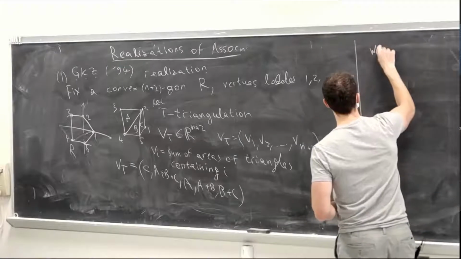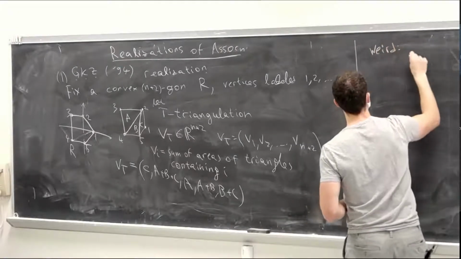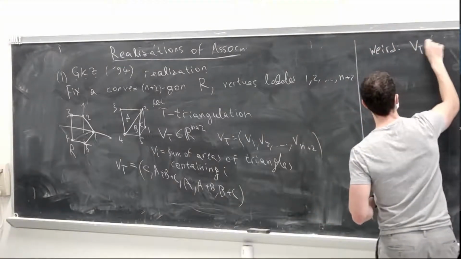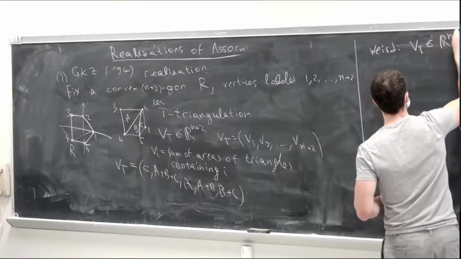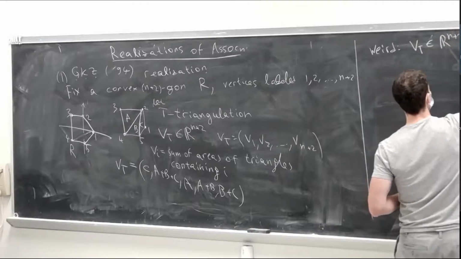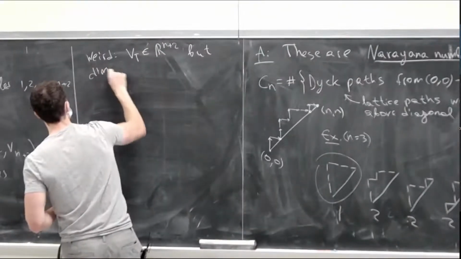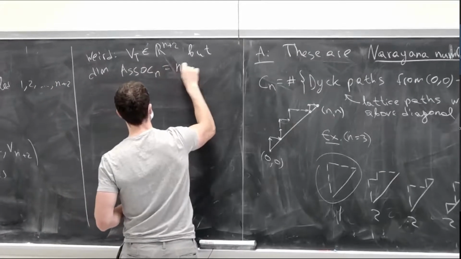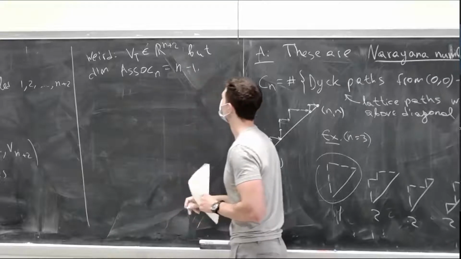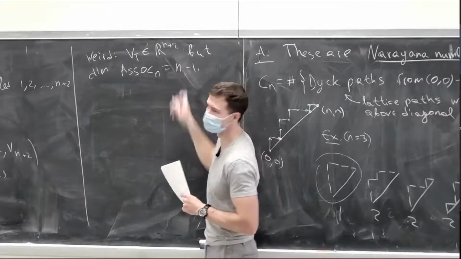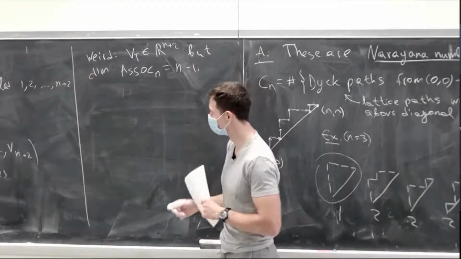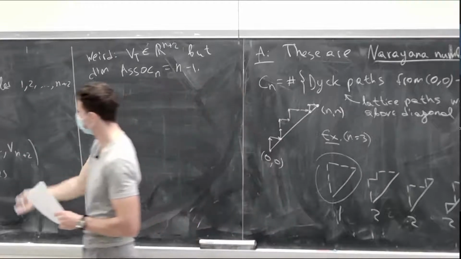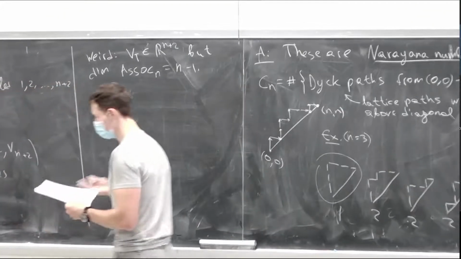There's a very weird property, which is that V sub T is in R to the n plus 2, but the dimension of the associahedron, as we hope, is n minus 1. So it's 3 more than it should have been. But on the other hand, it's a very simple definition.